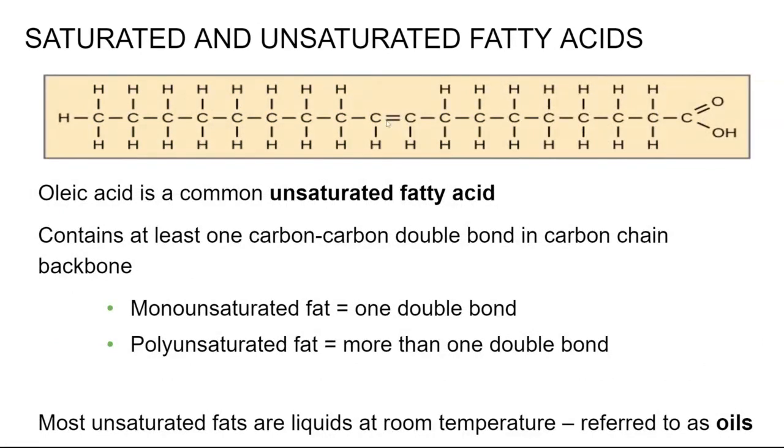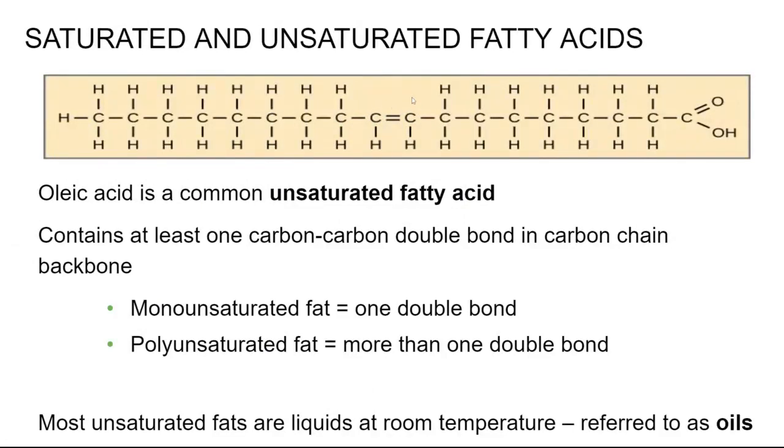Unsaturated fatty acids are going to have at least one double bond. If it has a double bond, that means carbon is bound to carbon with a double covalent bond instead of hydrogen. So it's missing some hydrogen, so it's unsaturated. It does not have as many hydrogens. And these double bonds can cause kinking, okay?